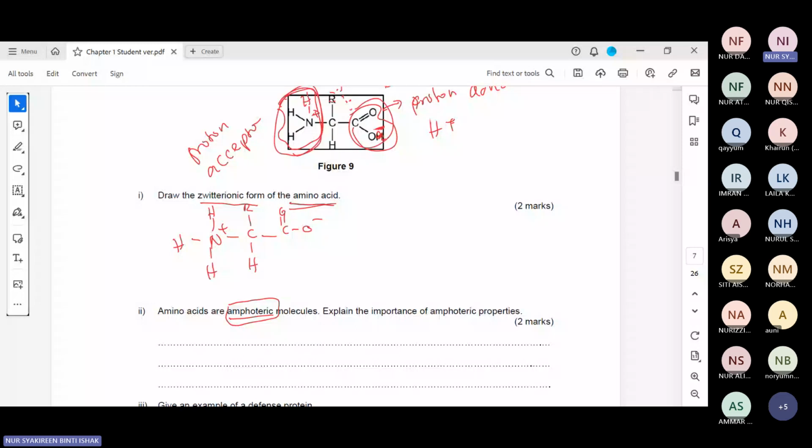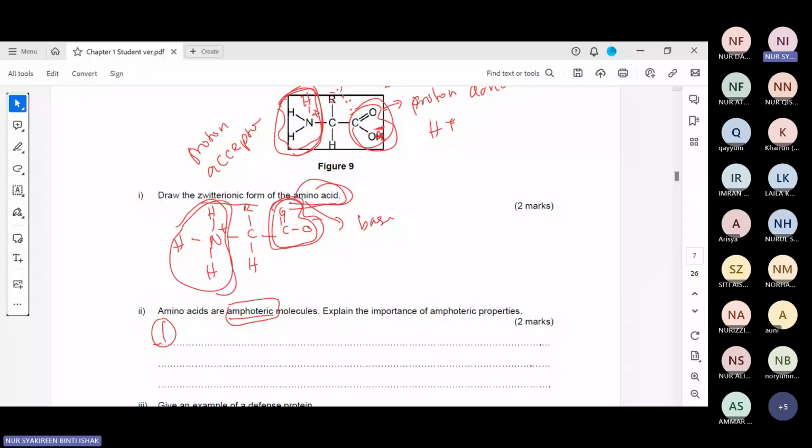Okay, so explain the importance of amphoteric properties. The first point, it has both basic and acidic group. The amino group is ionized to become NH3+, and mesti ada N. The acidic group is ionized to become COO negative. So what is the function or benefit of being both base and also an acid?